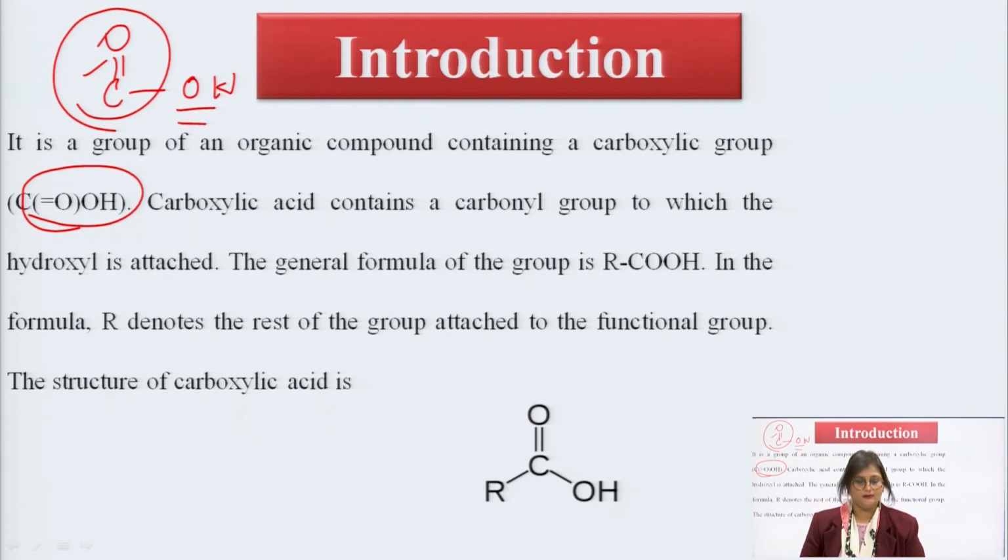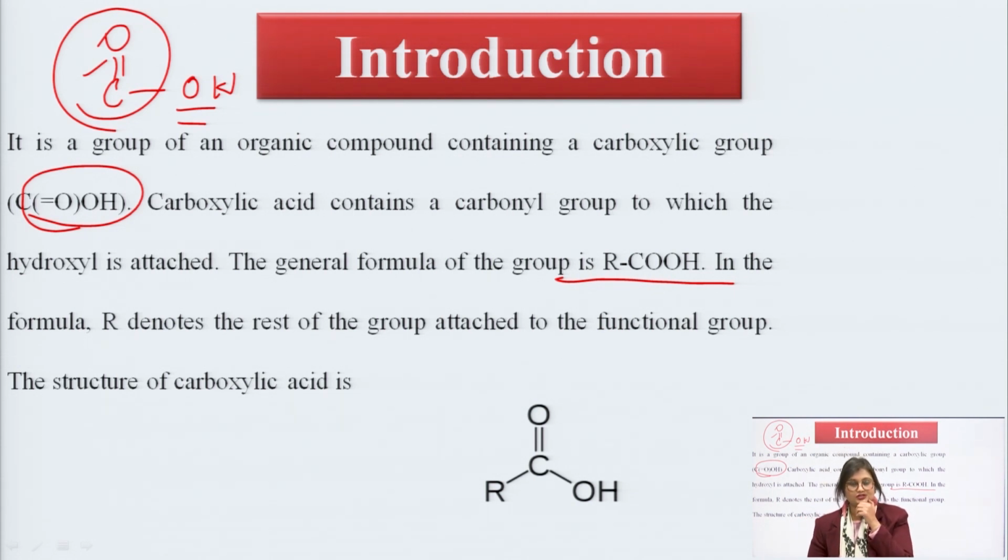The general formula of carboxylic acid is RCOOH. In this formula, the R group denotes the attached functional group. It could be anything, starting from an alkyl group or an aromatic group, or any other functional group.